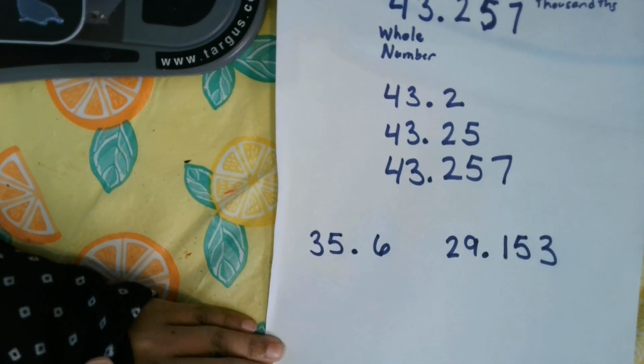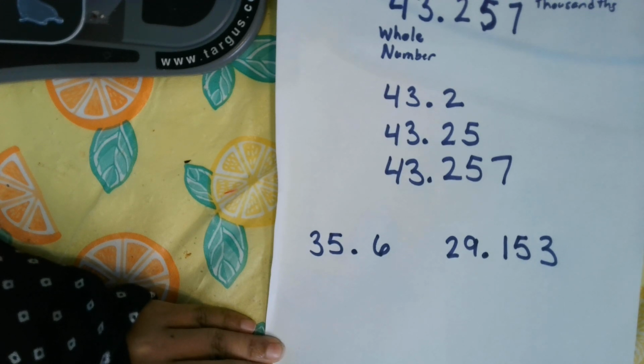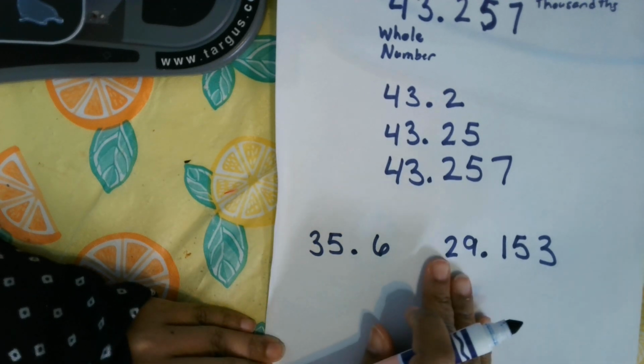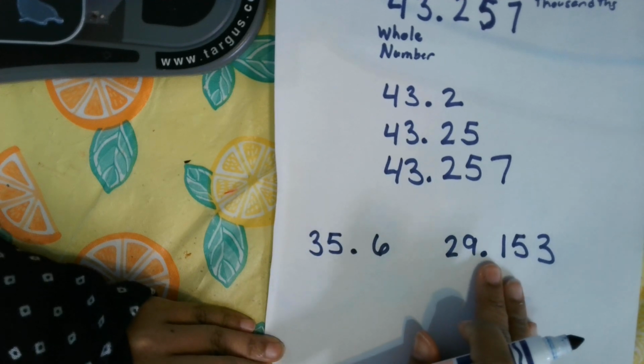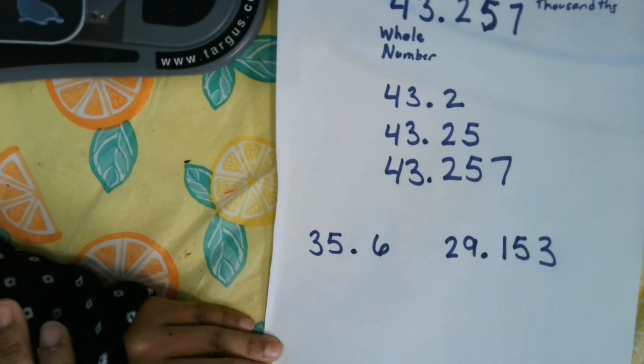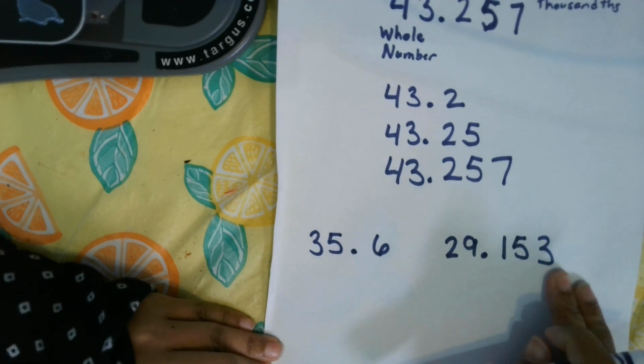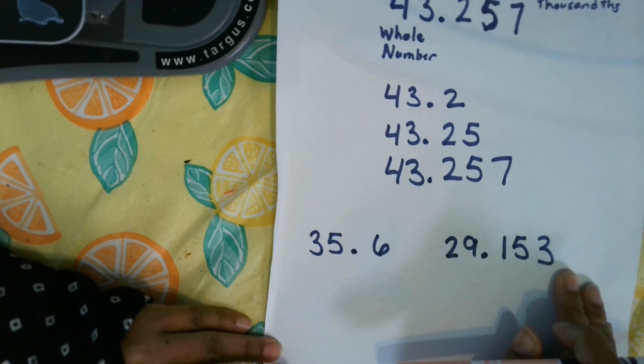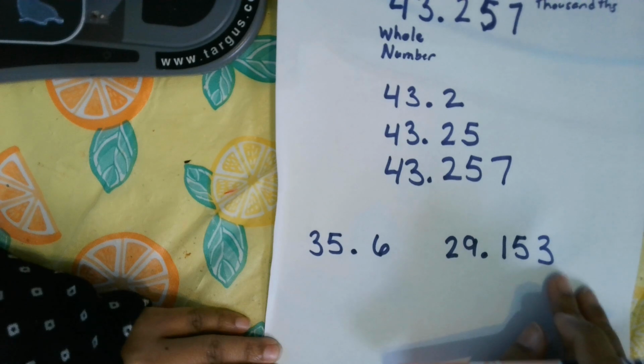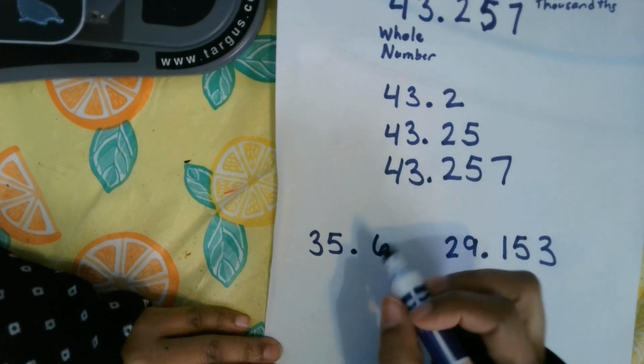Look at it. Try to say it to yourself. And now let's see if you're right. 29 and 153 thousandths. That's the last digit, thousandths. Okay? Let's try 2 more.